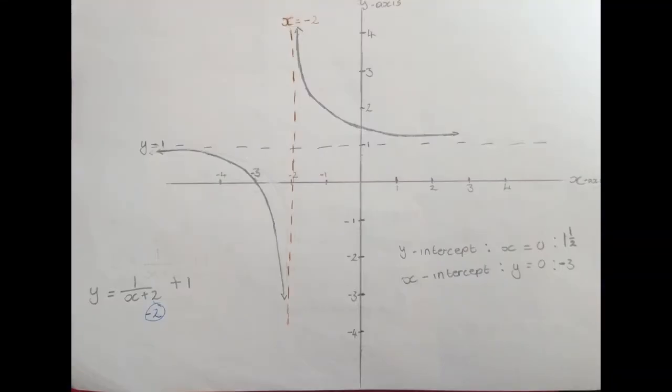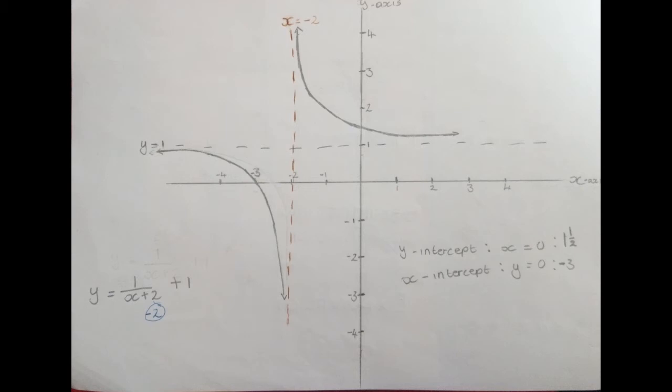This graph represents the shift that took place in the horizontal shifting, and as we can see, our new asymptote has moved from the y-axis to x equals -2, so it has moved 2 to the left. Though in the formula it says x plus 2, so it always goes in the opposite direction. If it was -2, it would have moved to the right, to the positive.